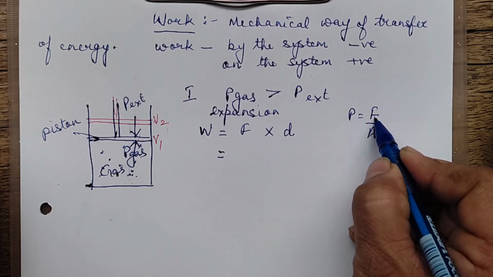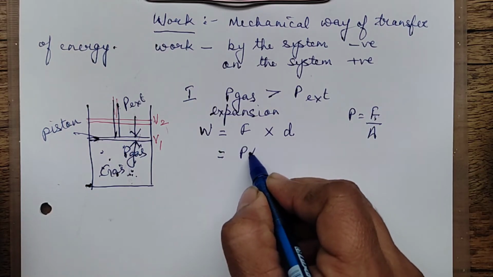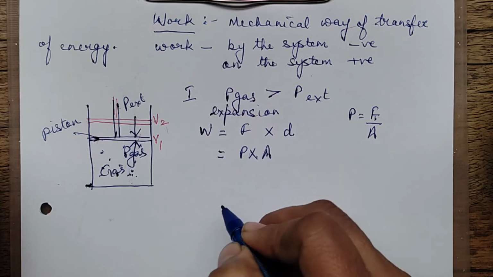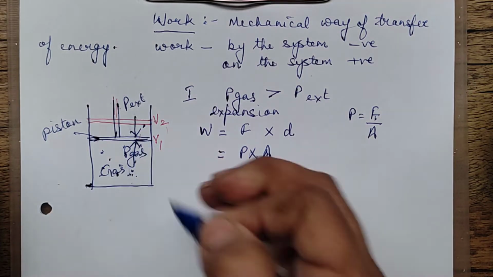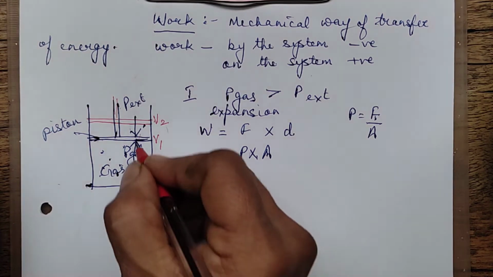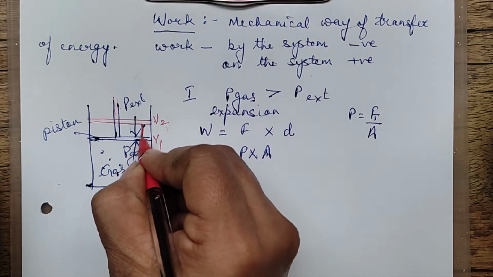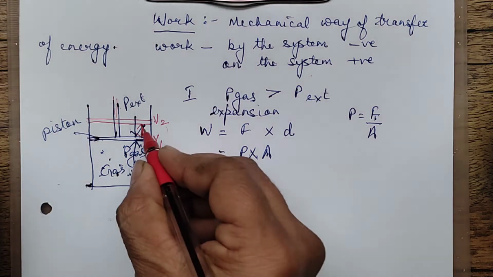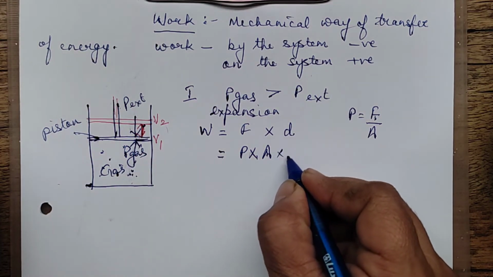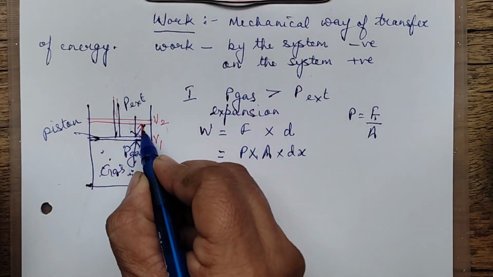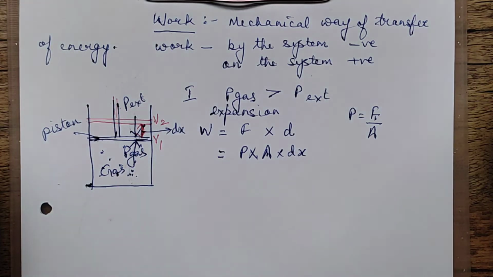So instead of force, we can write here as pressure into area. Okay, and suppose this is the original position, and the displacement in the piston is this much. Let the displacement we are writing as say dx.